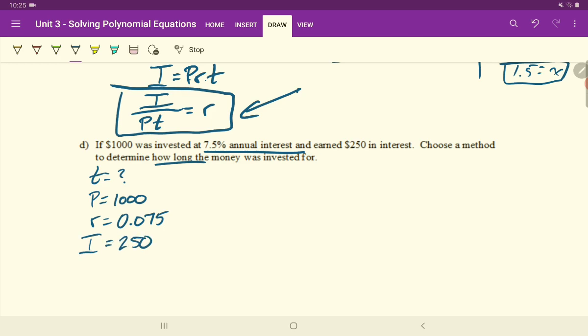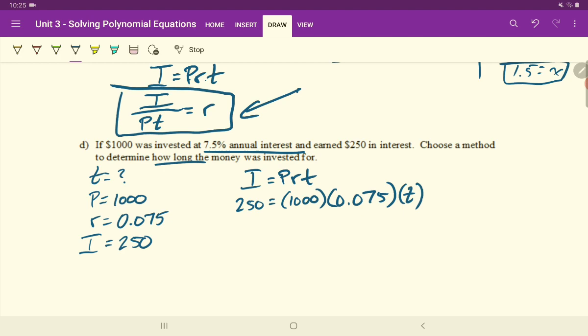Very easily here, we can choose a method, it says, to solve. I'm going to go with substituting values in first and then solving for the variable. Okay.